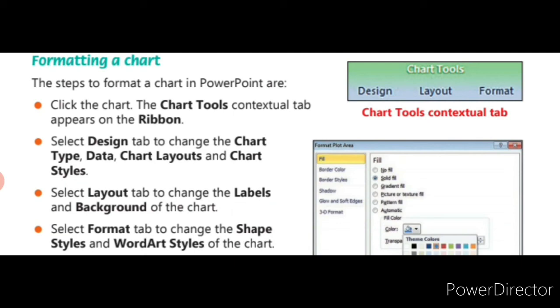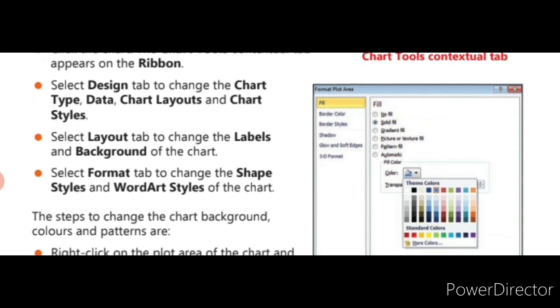Just move the mouse and right click on the plot area. Then select format plot area from the context menu. The format plot area dialog box will appear. Select the desired button to perform on the chart plot area. This is how we are going to change your background color.